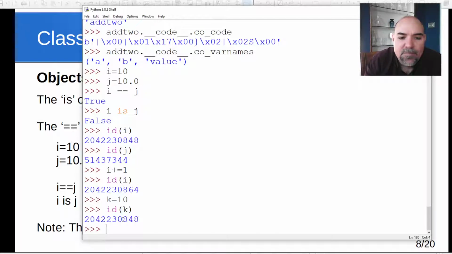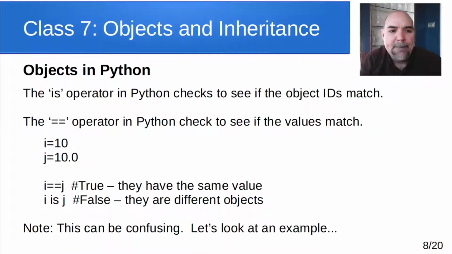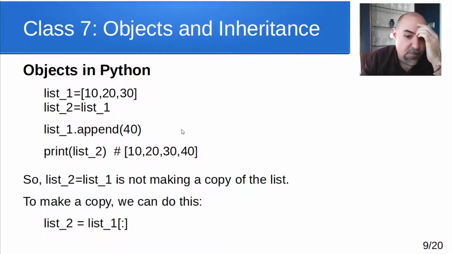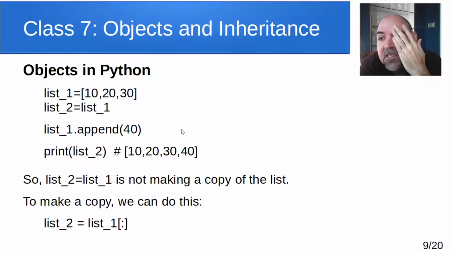Okay. So let's switch back to the presentation just for a few minutes here. Okay, so one example where it can get confusing, where we're talking about object references instead of objects being just kind of data containers, is an example like this. So here I have list1, and I make a list 10, 20, 30.